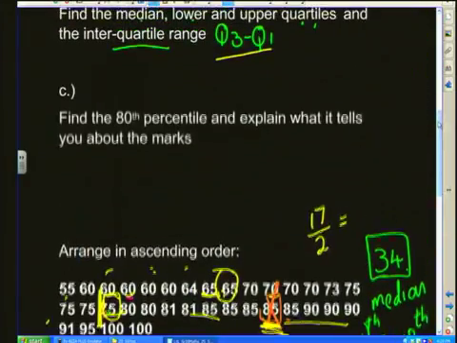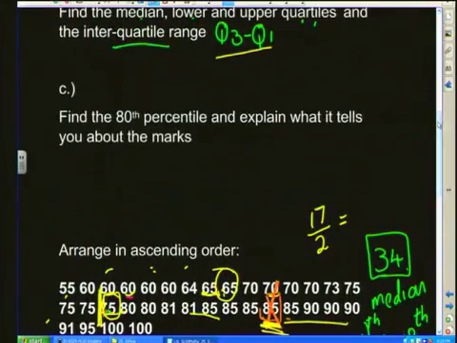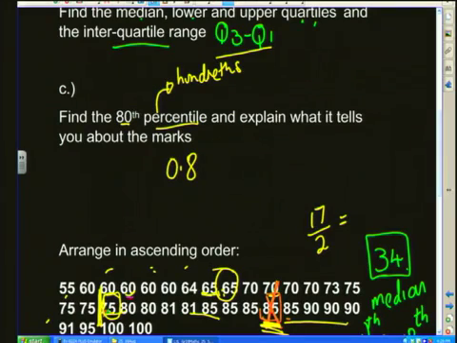Now let's have a look at the last part, part C. They say find the 80th percentile and explain what it tells us about the marks. So your 80th percentile, remember, it's dividing your data into hundredths, and therefore you get 99 percentiles. If I want the position of the 80th percentile, I simply take 80 divided by 100, which gives me 0.8, times that by the number of values in your data set.